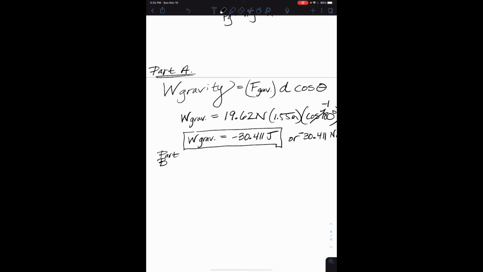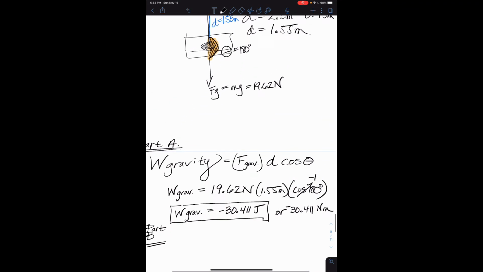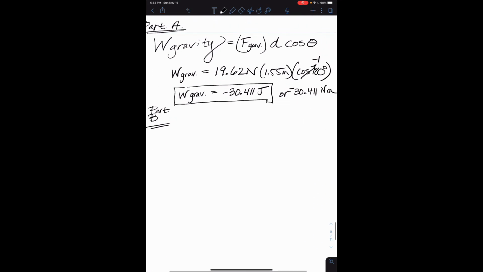Oops. All right, so for part B, let's go ahead and draw this. So once again, we've got the book. How much work is our hand going to do? Well, the person's hand is right here, under the book, and they're lifting it up.